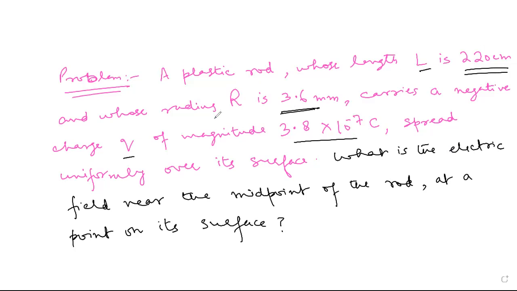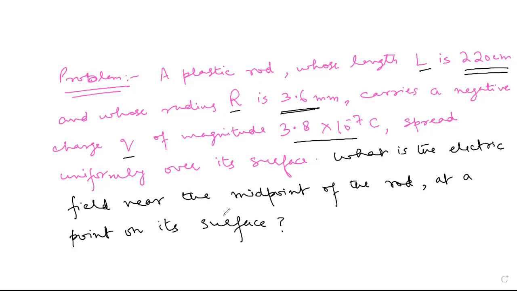So L is length, R is radius, Q is the magnitude of charge on it, spread uniformly over its surface. What is the electric field near the midpoint of the rod at a point on its surface?